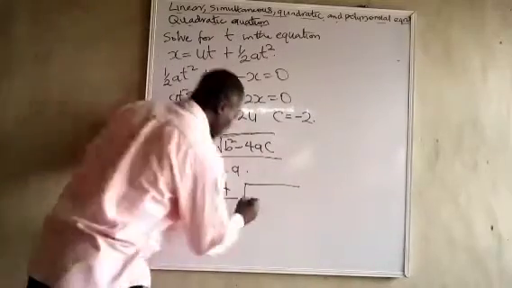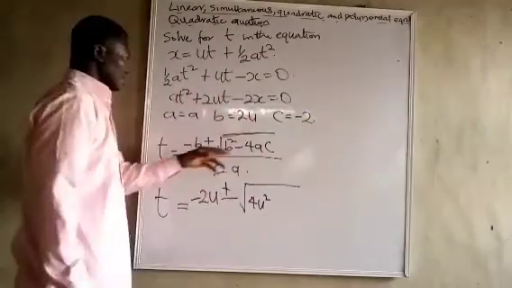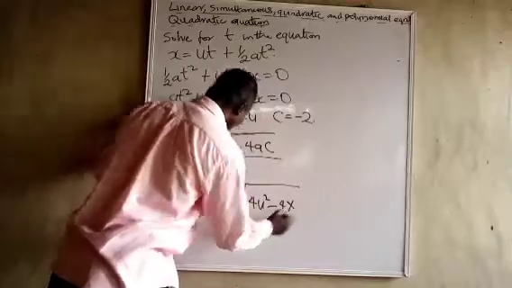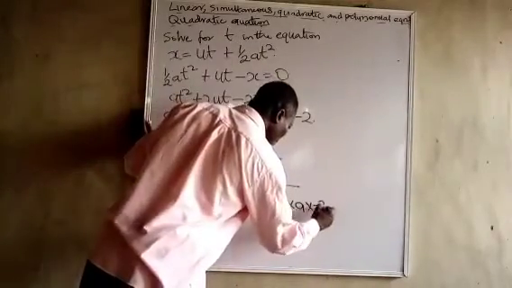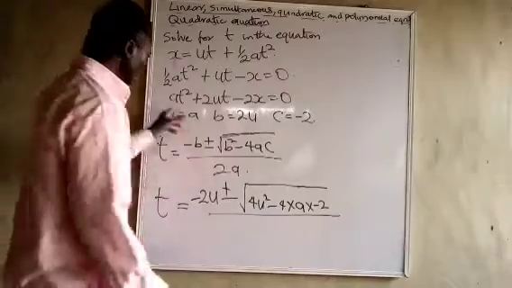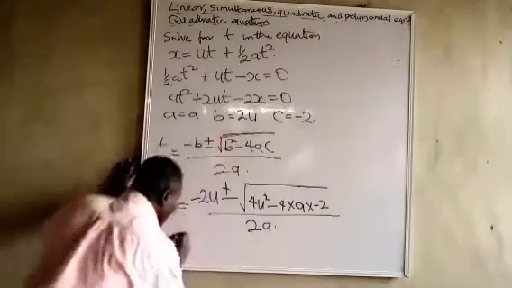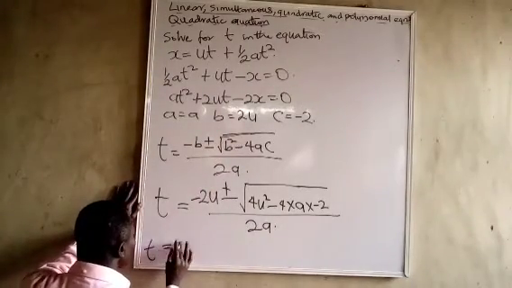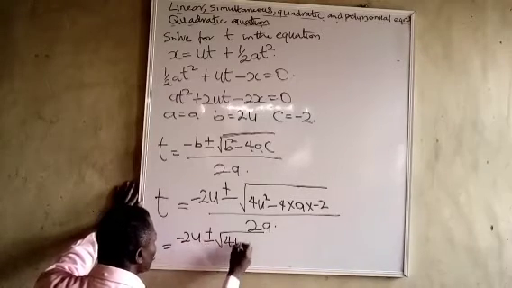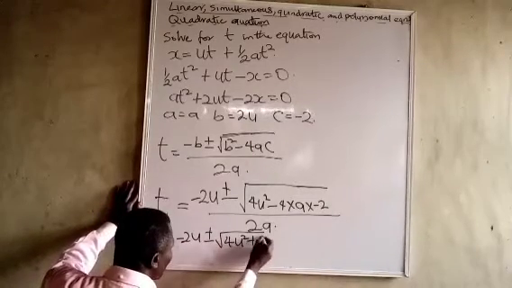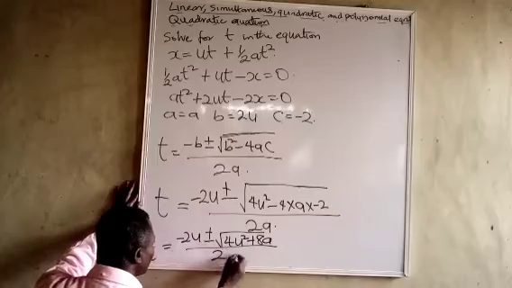What's our b squared? That's 4u squared. Minus 4 times, what's our a? a. What's our c? Minus 2x. Divided by 2a. And what does that give at the end of the day? Minus 2u plus or minus roots 4u squared plus 8ax over 2a.